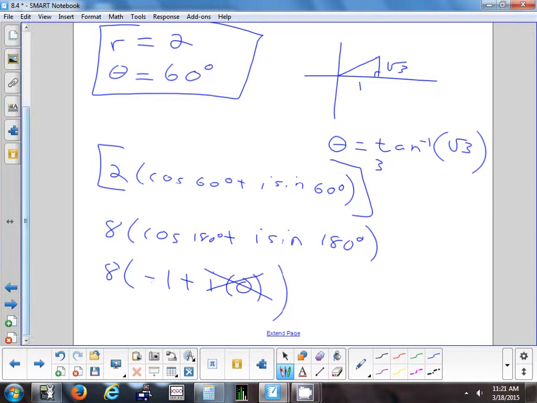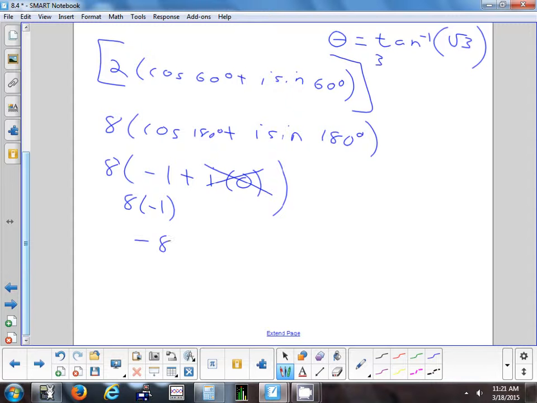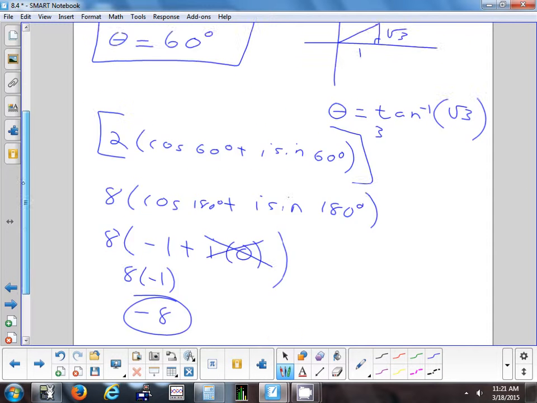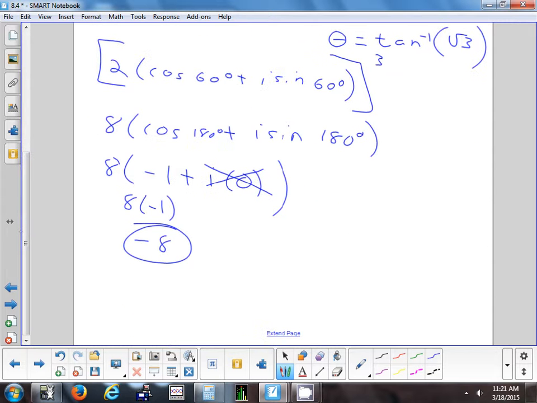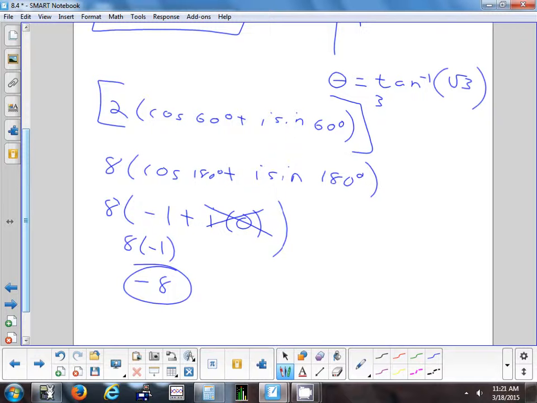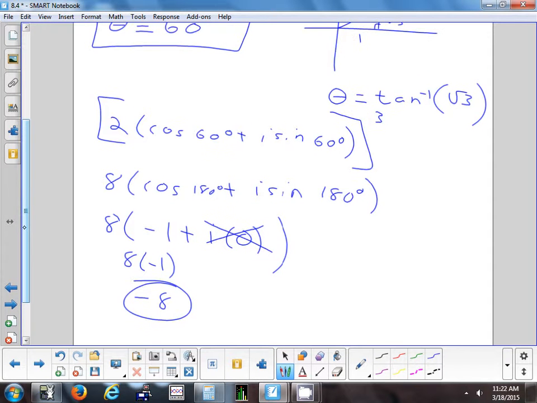And I'm just left with 8 times -1. So when you take and cube 1 plus root 3i, the answer is -8. It won't always come out nice, but this time it did. Any question on that?